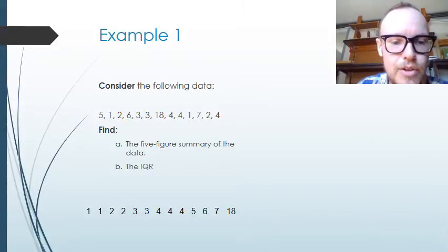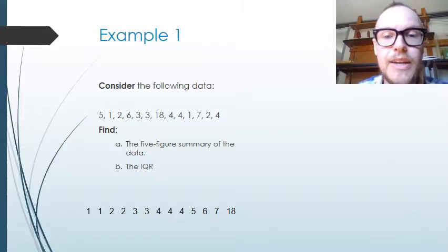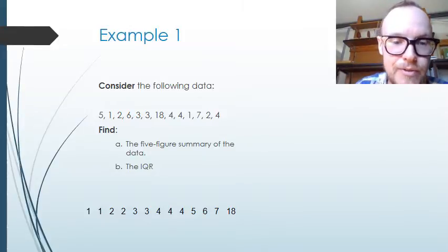So we've got 1, 2, 3, 4, 5, 6, 7, 8, 9, 10, 11, 12, 13 values. Because we've got an odd number of values, our median is just one middle value. We don't have to worry about splitting the middle value, and because we've got 13, it's going to be the 7th value.